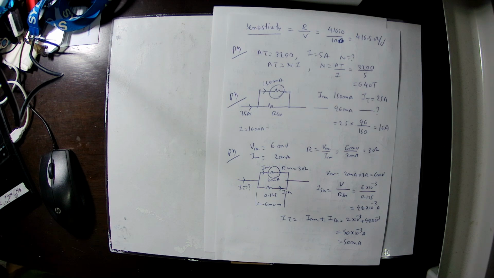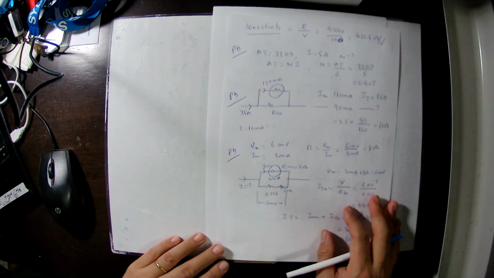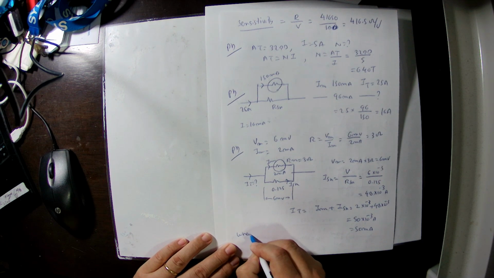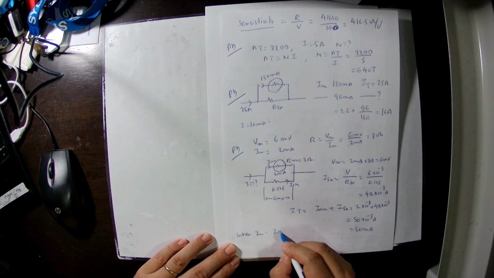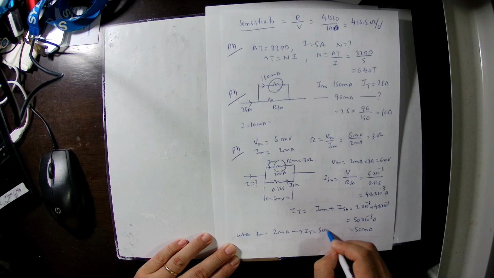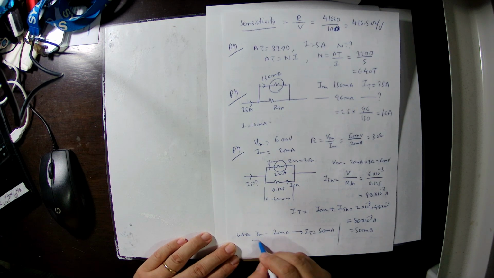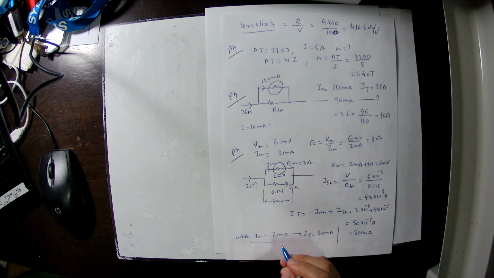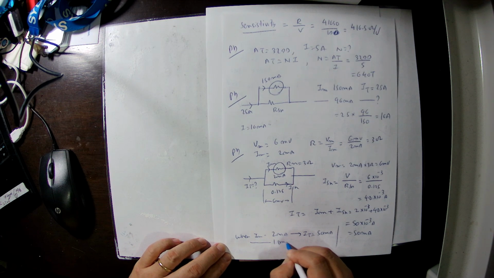Then we also have to calculate the total circuit current when the meter indicates a deflection equivalent to 1/8 milliampere. So when the meter shows 2 milliampere, total current is 50 milliampere. So when Im is 2 milliampere, I total is 50 milliampere. When the meter current is 1/8 milliampere, what is the total current?